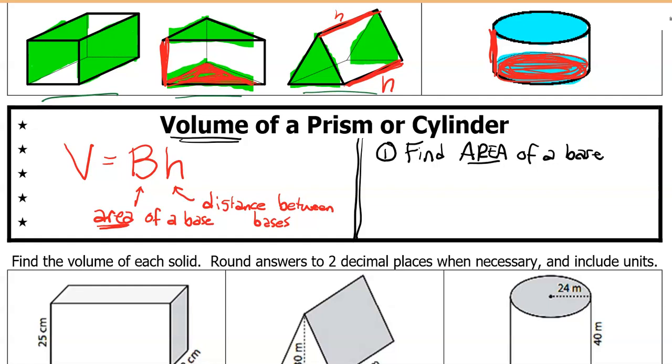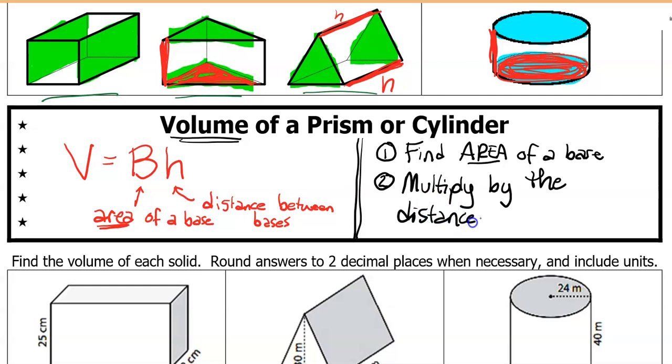So we find the area of a base, and then we're going to take that answer and multiply by what's officially called the height, but I'm just going to call that the distance between the bases. There have to be two of them, so there has to be a distance between them. So the area of one of those bases, that's this capital B, and then the distance between the bases, that's what we officially call the height of the prism.